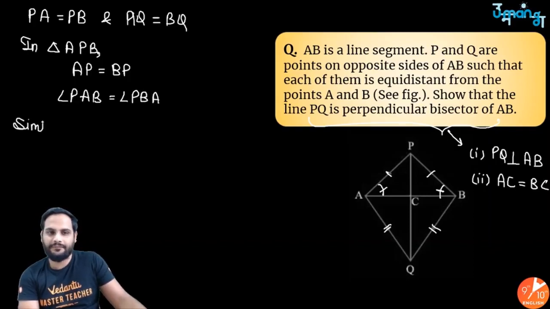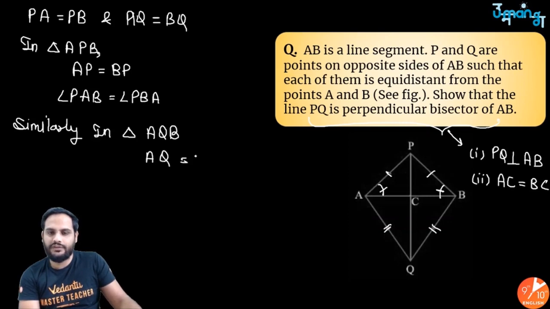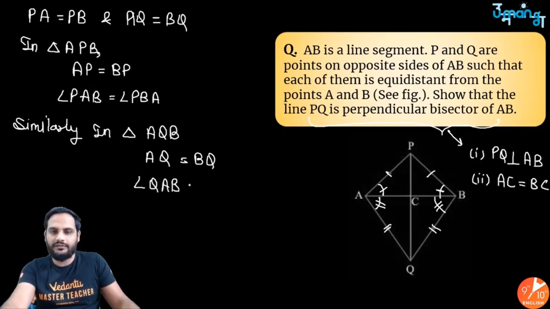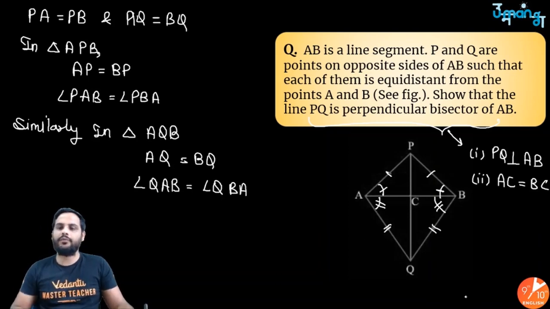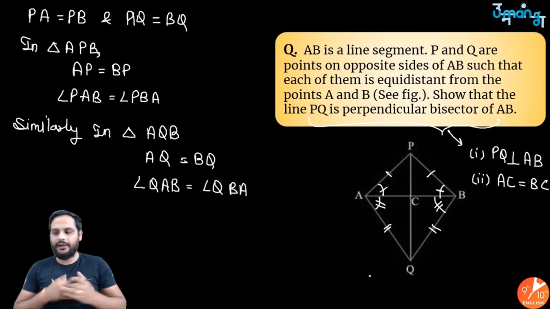Similarly, in triangle AQB, since AQ is equal to BQ, if two sides are equal, the angles opposite to them will also be equal. So angle QAB is equal to angle QBA. They both are equal to each other, right?